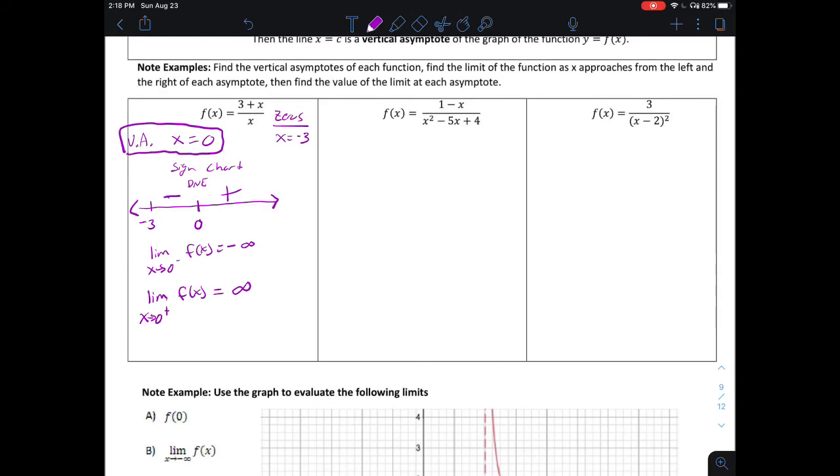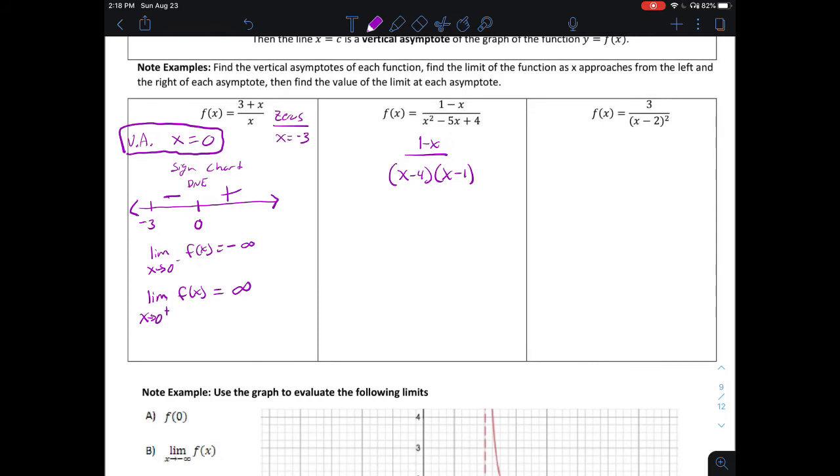Now, I need to factor this problem to see what I have. So if I factor this to find any kind of asymptotes, I'd have x minus 4, x minus 1.